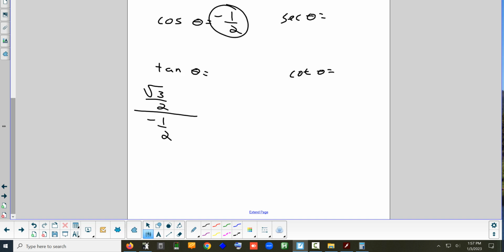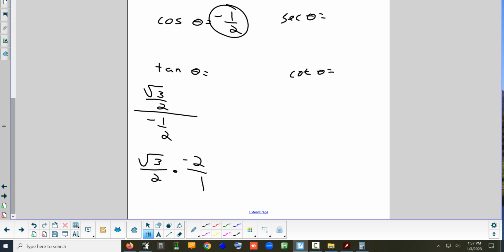So we have to divide a fraction by a fraction. What's going to happen? The 2's are going to cancel. Because when you divide two fractions, the way you're supposed to do it is take the one that's in the bottom, flip it, and multiply.